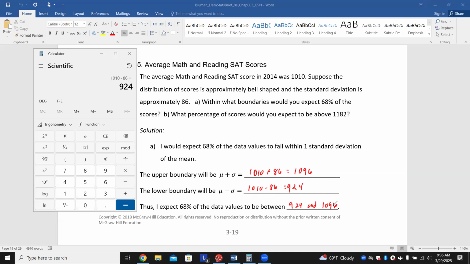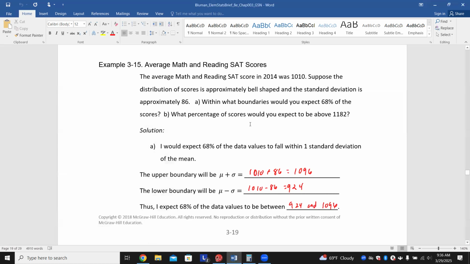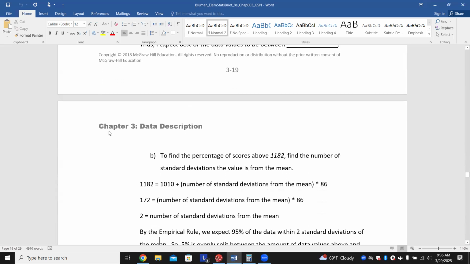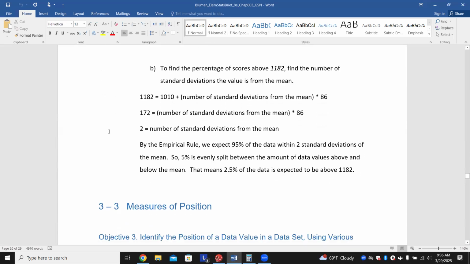So 68% of the people that took the test will make between a 924 and a 1096. That's using the empirical rule. Now, knowing that, let's calculate what percentage you would expect to score above 1182. All right, so let's play around with that real quick. To find the percentage of scores above 1182, we're going to find the number of standard deviations the value is from the mean.